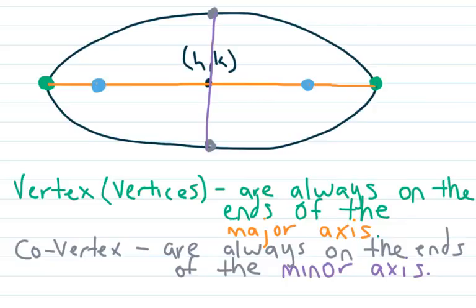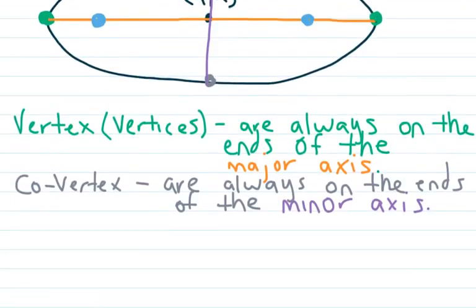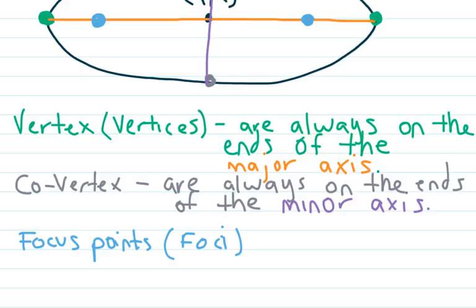That's why you saw me when I used blue earlier. I erased it, okay? All right, so my thumbtacks. Those are called focus points. Or if you want to say focus points, you can say foci. You know how you say cacti and cactus? Cacti is plural, cactus is singular. Same thing here. Focus is singular, foci is plural. Okay? Foci.